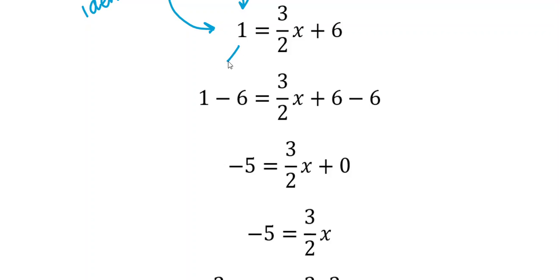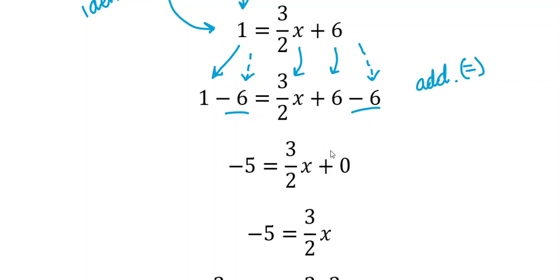What changed here? Well, we had a 1, and now we have a 1 minus 6. We had 3 halves x plus 6, and now we have 3 halves x plus 6 minus 6. So we added a minus 6 to both sides, which is the addition property of equality. Okay, and why did we do that? So we could combine 6 minus 6, which is the inverse property, or the property of opposites.